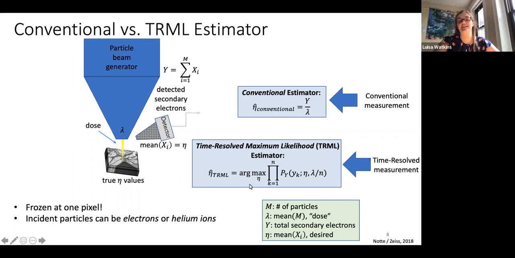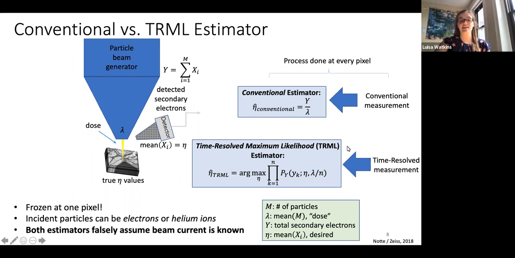It's essentially a maximum likelihood estimate that takes a product of the probability mass function across all of the different subacquisitions, because as I mentioned, we have n of those. This is the specific estimator that uses this measurement and gets an estimated eta. As mentioned, we're still frozen at one pixel, so this gives us an eta estimate at the pixel, and this is done at every single pixel.